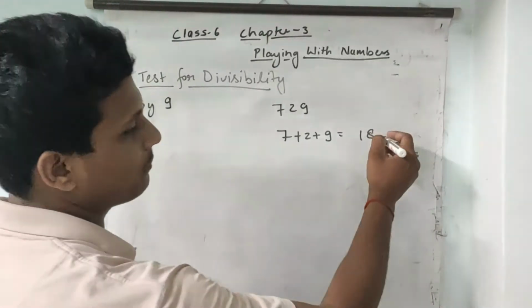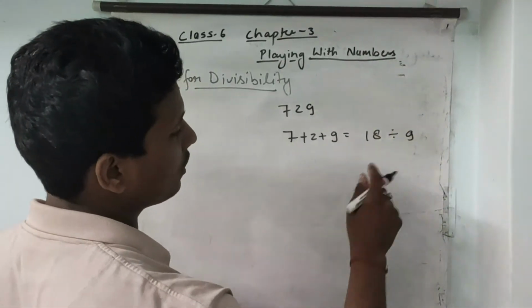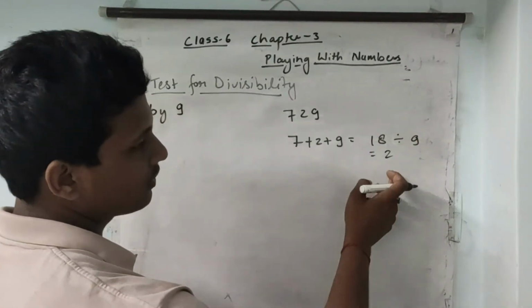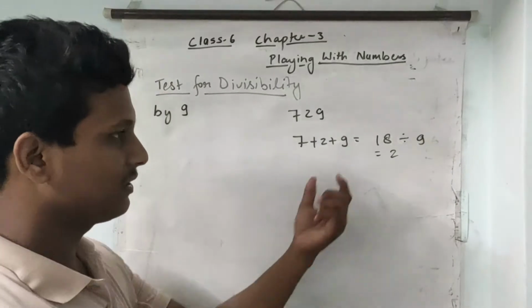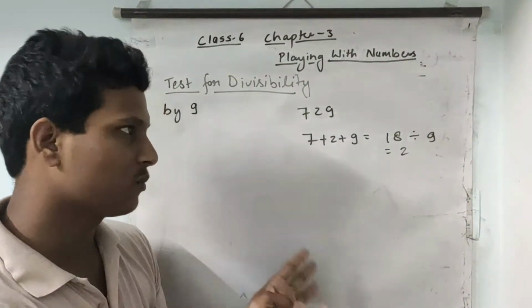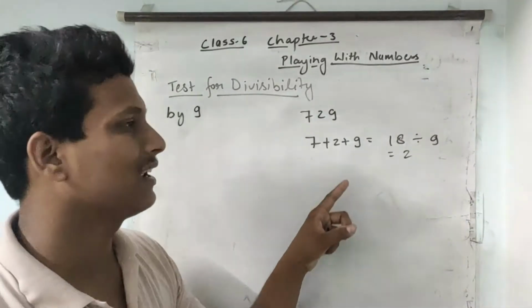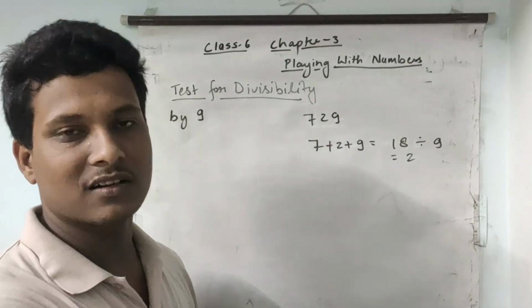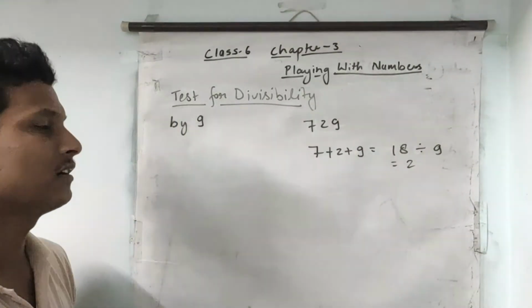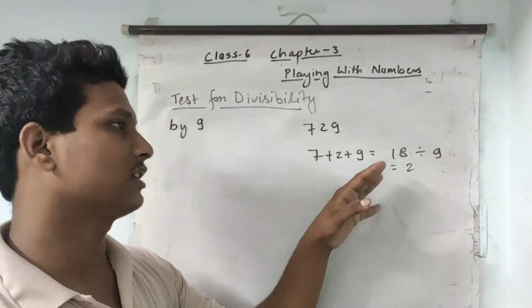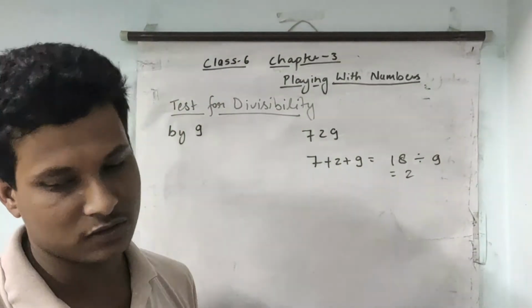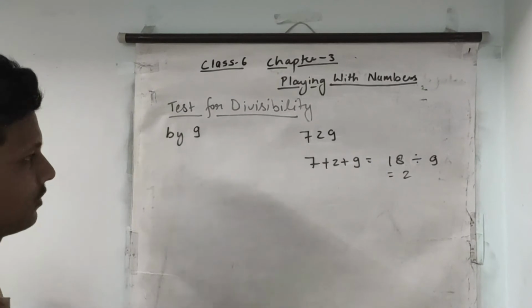If that is divisible by 9, then the whole number is also divisible by 9. We know that 9 2s are 18, so the sum is divisible by 9, and that's why the number is also divisible by 9. It is the same concept, but here we are checking by 9, and in the concept of 3 we are checking by 3. Sum the digits, then check the sum by 9, and if it is divisible by 9, then the whole number is also divisible by 9.